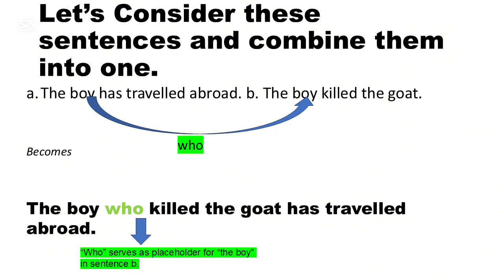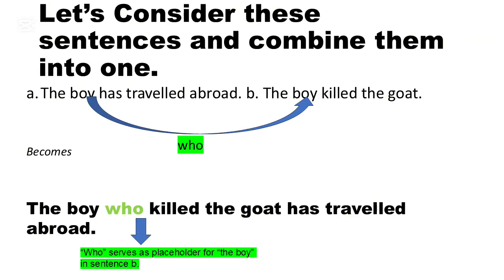From the two sentences, it can be noticed that sentence B will only make meaning when it has been attached to sentence A, because without sentence A, we will not know the one we are talking about.